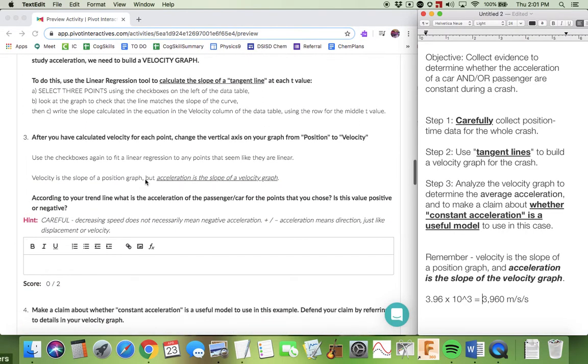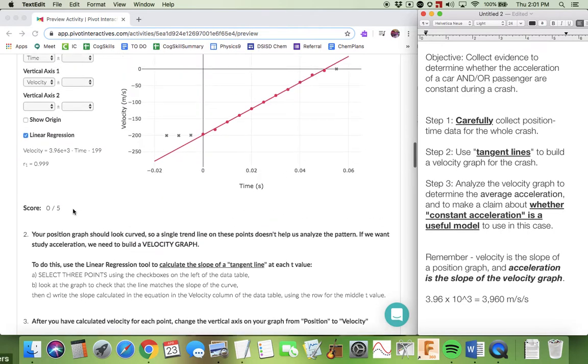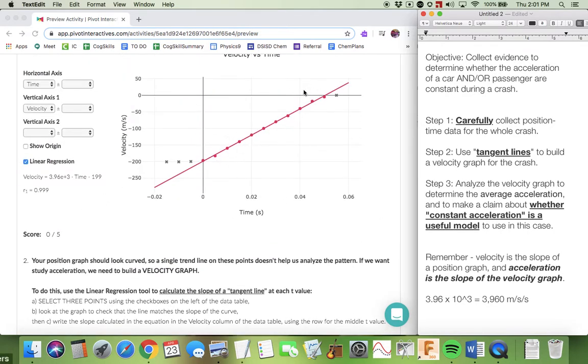This last question, there's 2 more questions here. What is the acceleration of the passenger or the car for the points that you chose? Is this value positive or negative? That's worth thinking about. This slope is clearly positive. You may have assumed that positive acceleration means that something is increasing speed, but that is not the case.